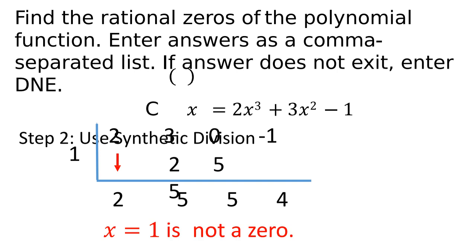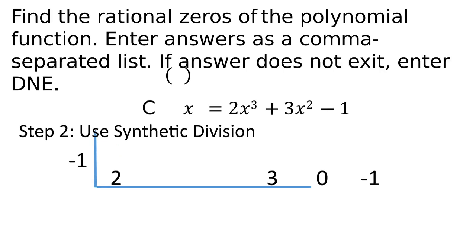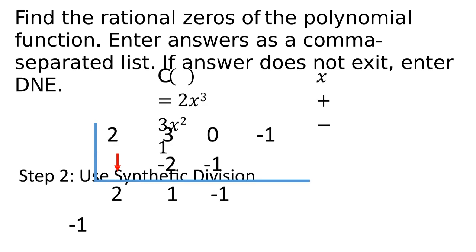When we do the synthetic division, we can see that we have a remainder of 4. So then positive 1 is not a zero. Now we can use -1. And this one will work because if you see, we have a remainder of 0.